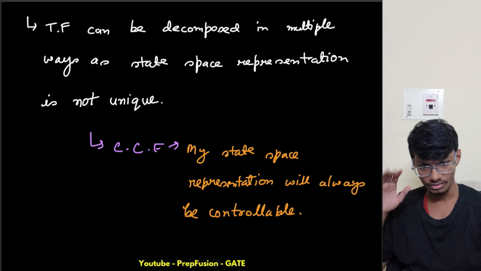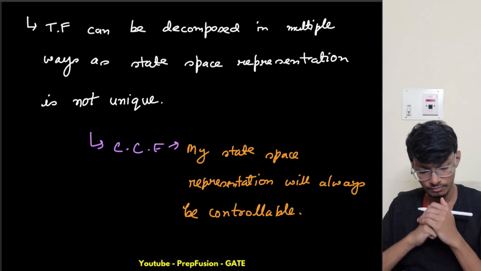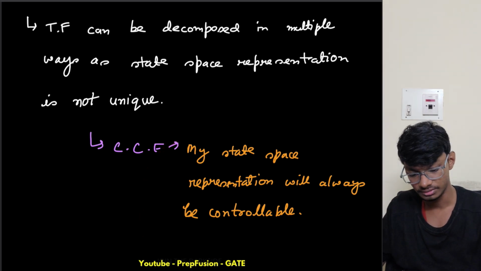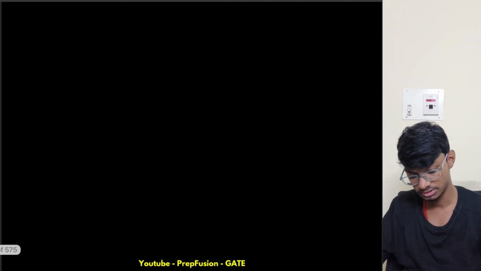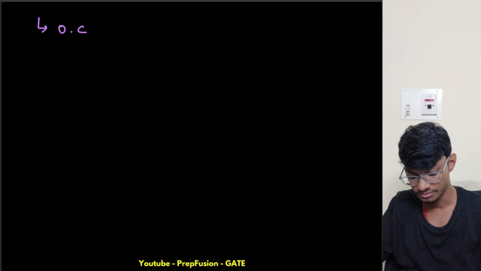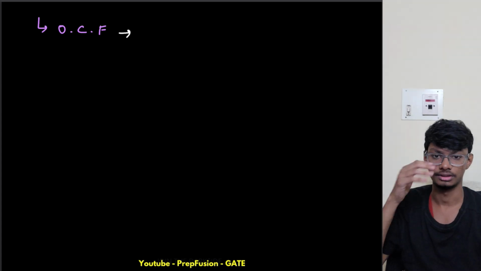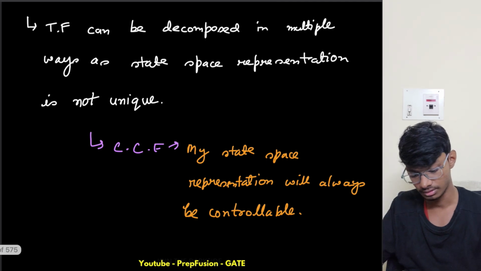Okay, so we were studying the controllable canonical form. This one will always be controllable. We haven't studied observability yet, but if I decompose this transfer function into observable canonical form, then the state space representation would always be observable.